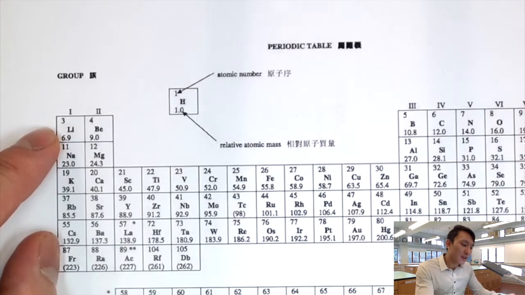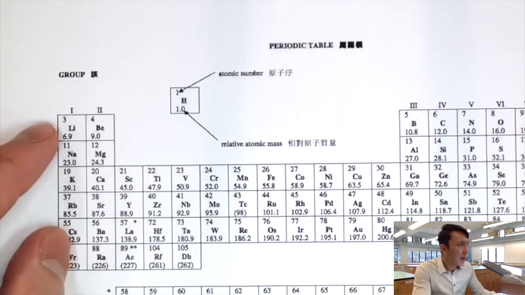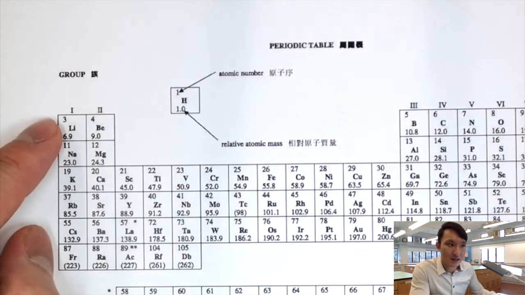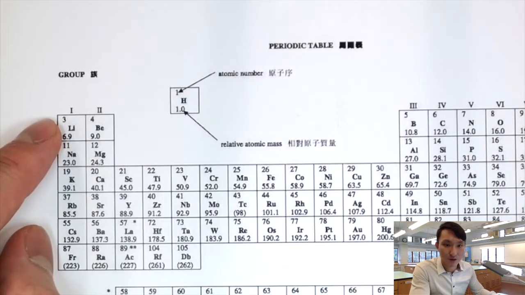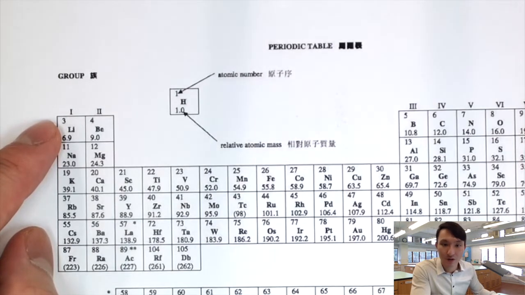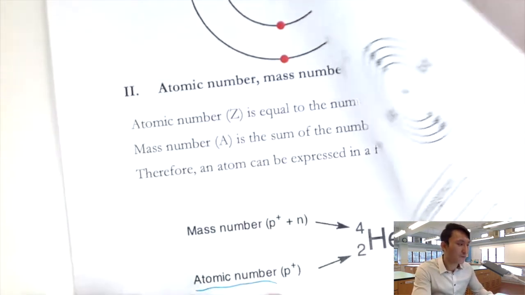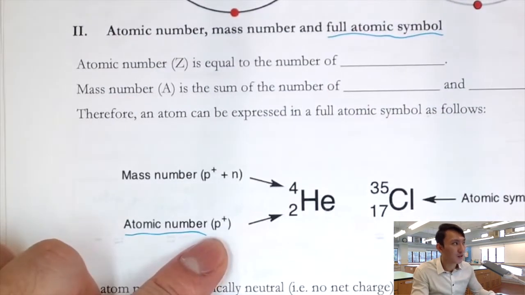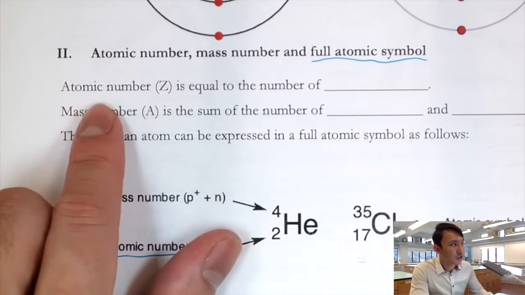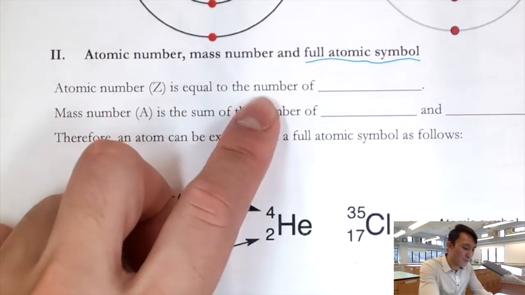But you may ask, how do we assign these atomic numbers? Do we just assign them based on the year of discovery, or based on alphabetical order? Actually, this atomic number is based on the number of protons. So here, the atomic number is actually equal to the number of protons.